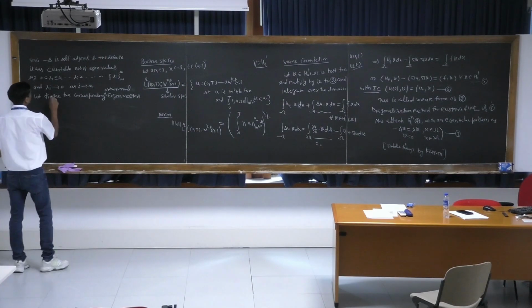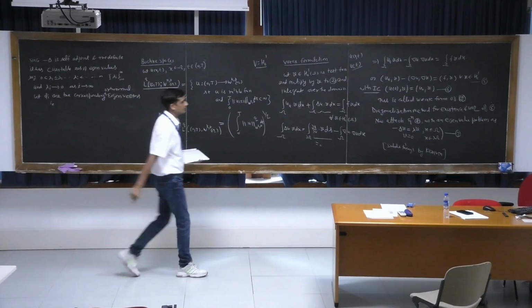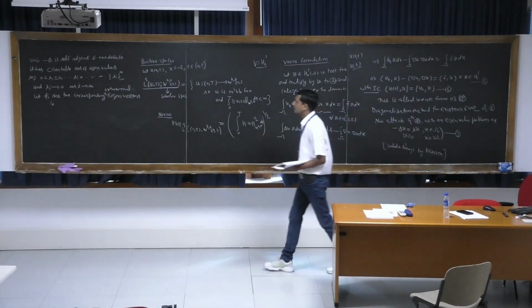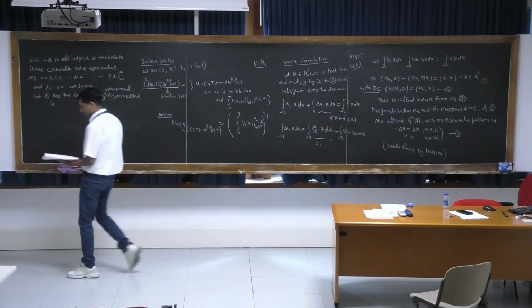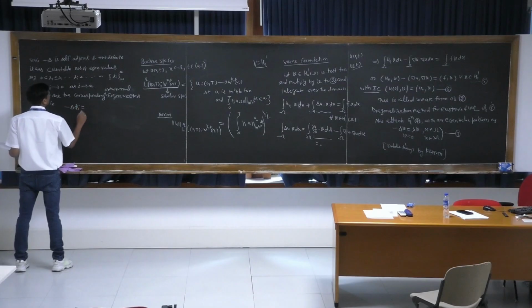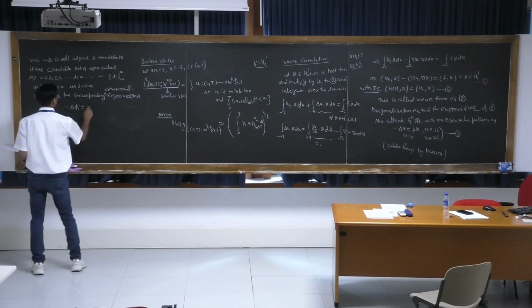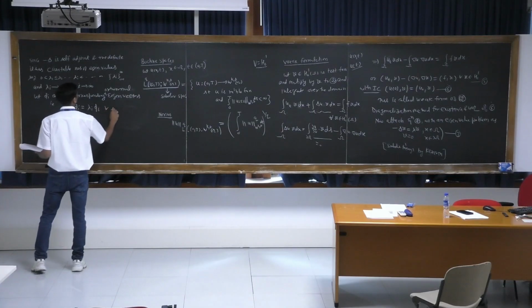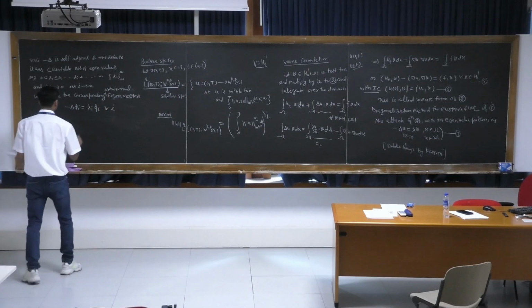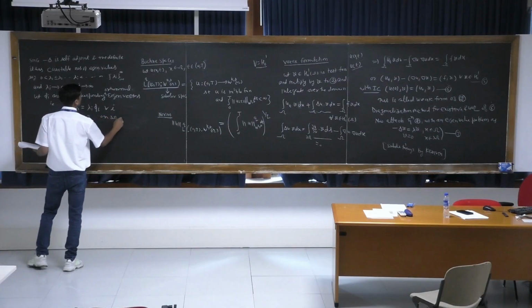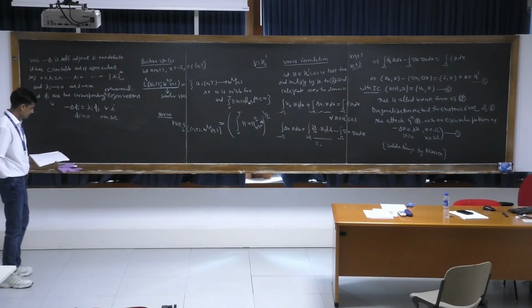These will satisfy equation 7, that is, minus del of phi i is equal to lambda i phi i for all i, and phi i are 0 on the boundary.